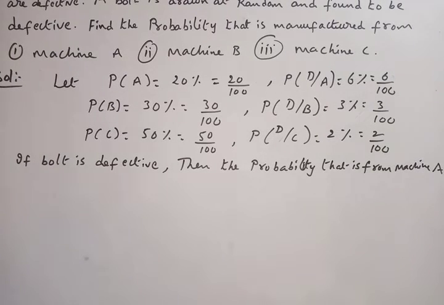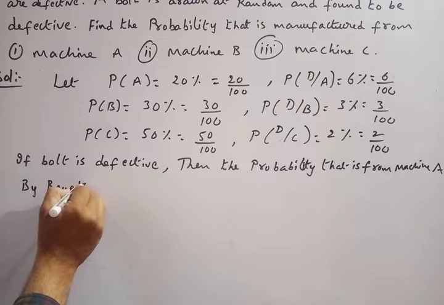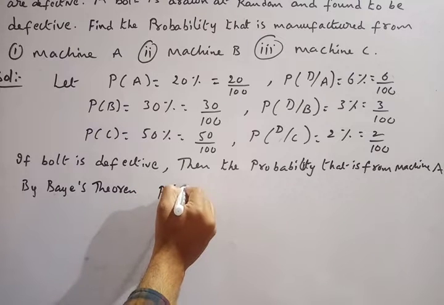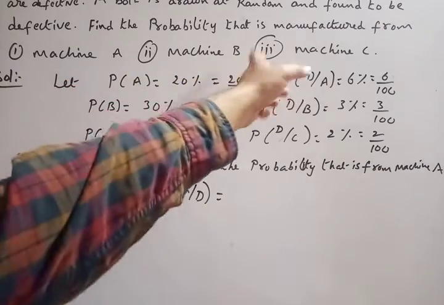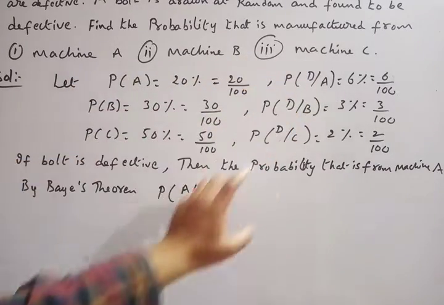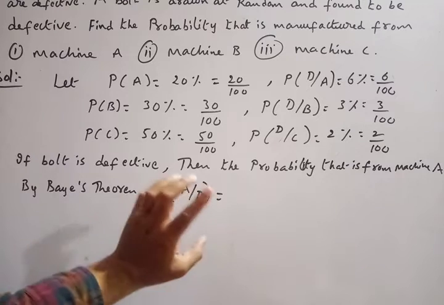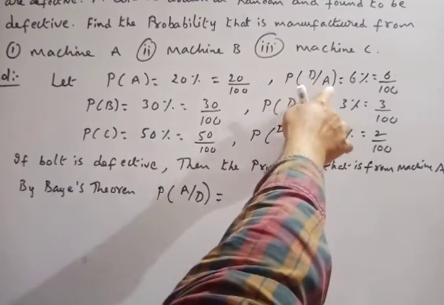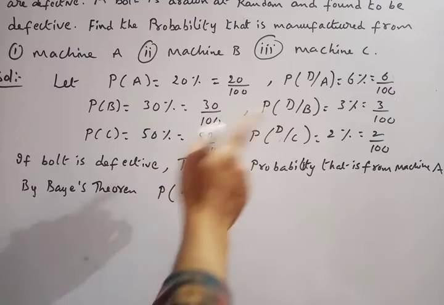So by Bayes theorem, we can write now. What we need is P of A given D. So we have P of A, and we have P of D given A. Defective in A. Here the defective bolt is manufactured by A, so don't be confused.